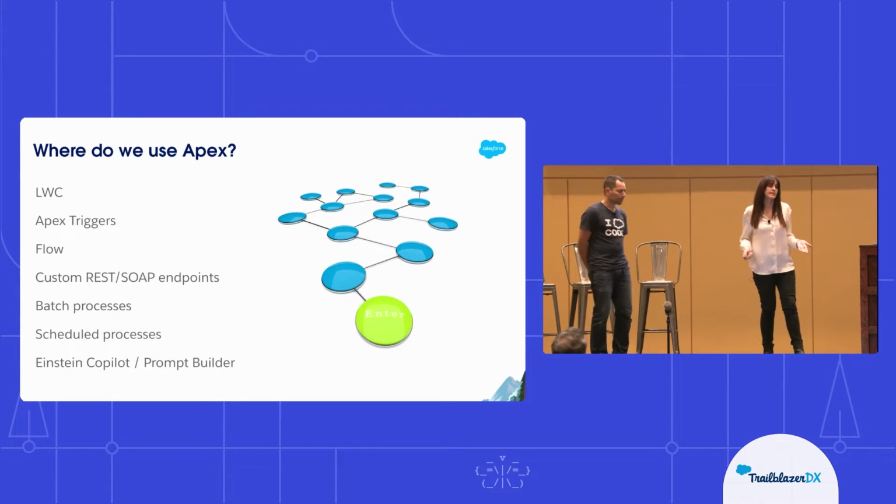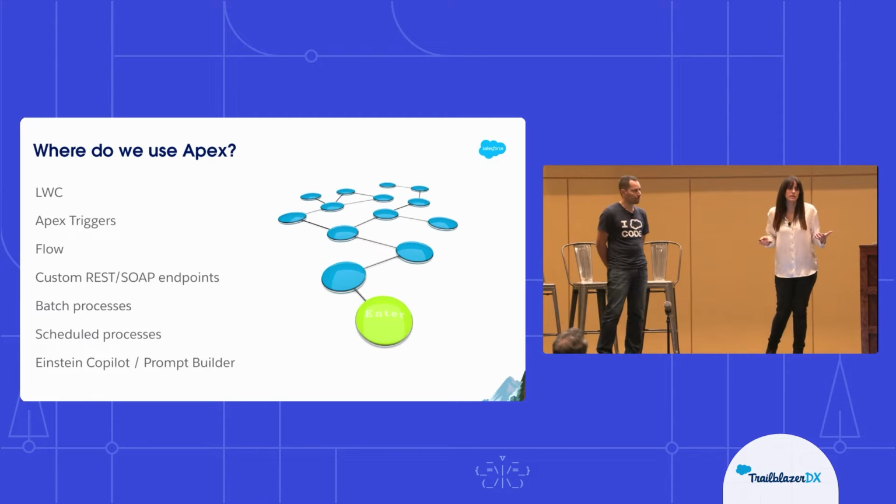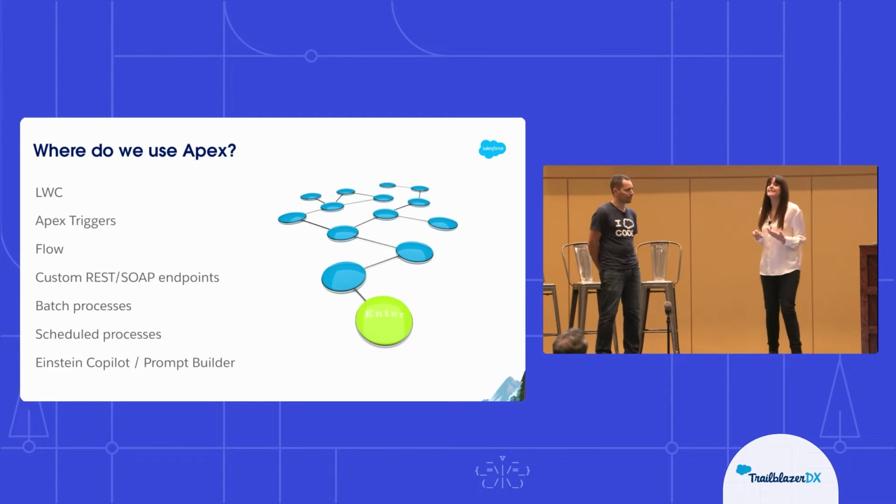So Apex can be used in the platform for many different entry points, and the most common one is Lightning Web Components. With Lightning Web Components, you create the UI, and from your Lightning Web Components, you can invoke your Apex methods and classes.